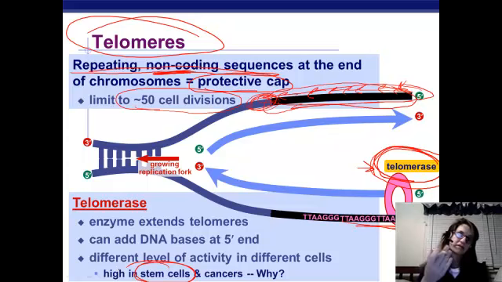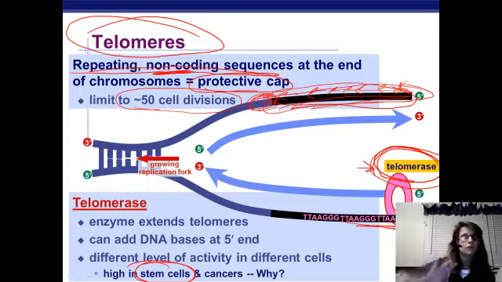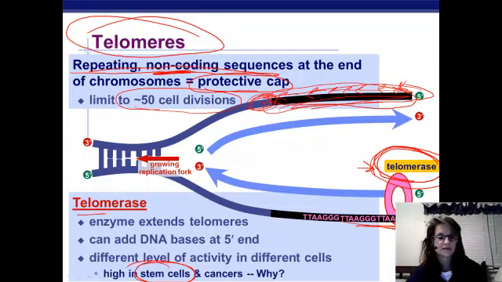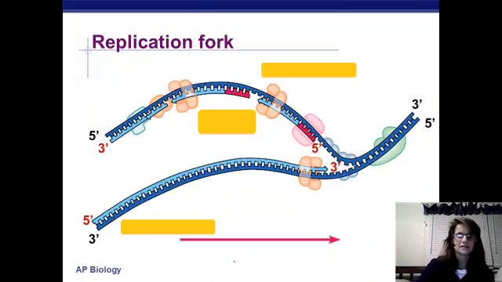Telomerase is also active in your reproductive tissue, in testes and ovaries, because we want the sperm to have completely new telomeres. We don't want to send old telomeres to our offspring. We want to send new ones. So your reproductive cells would have telomerase, but many of our other body cells do not have it, and cancers, as I said, can have it.